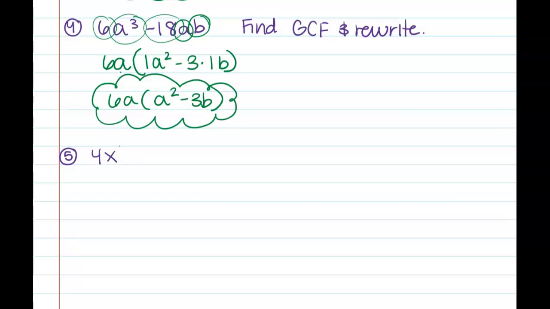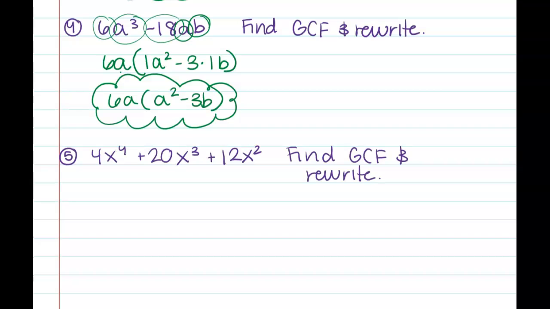So now we have 4x to the 4th plus 20x cubed plus 12x squared. Once again, find the GCF and rewrite. Well, numbers and x's. Our greatest number I can divide all those by is 4.